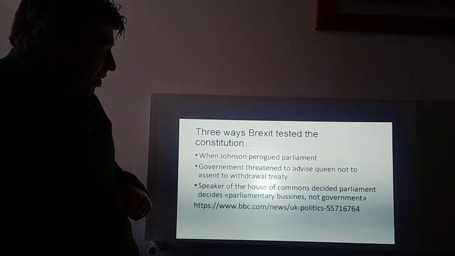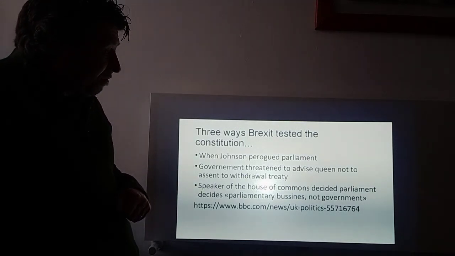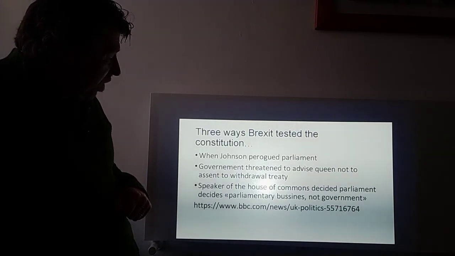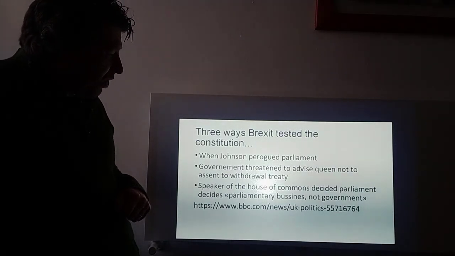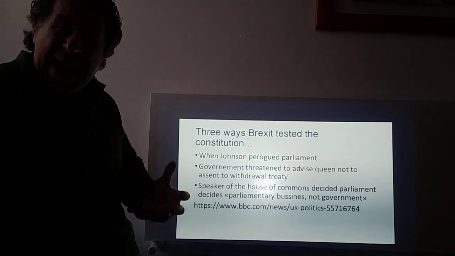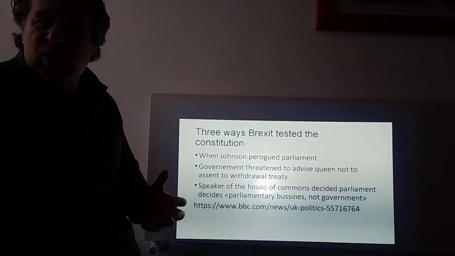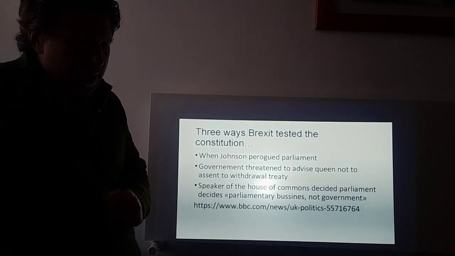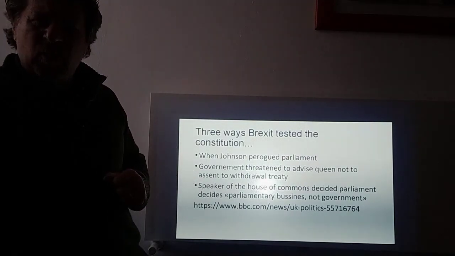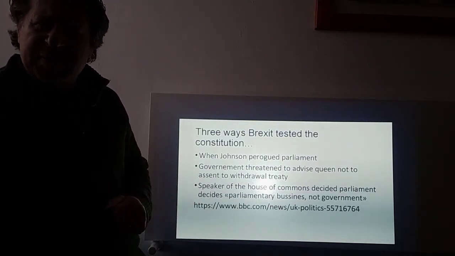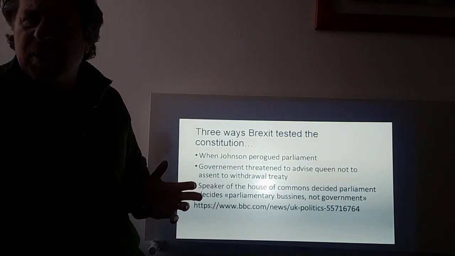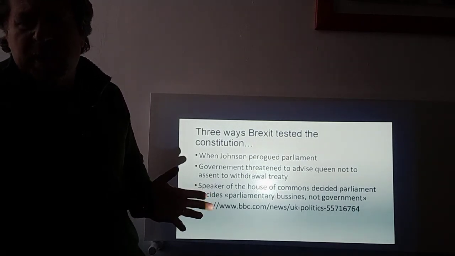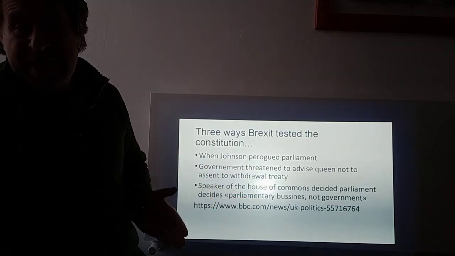Another constitutional crisis was the government threatened to advise the Queen not to assent to the withdrawal treaty if it said there couldn't be a no deal, or it said something they didn't want. They were going to advise the Queen, and this would have been a crisis because the Queen listens to the government.